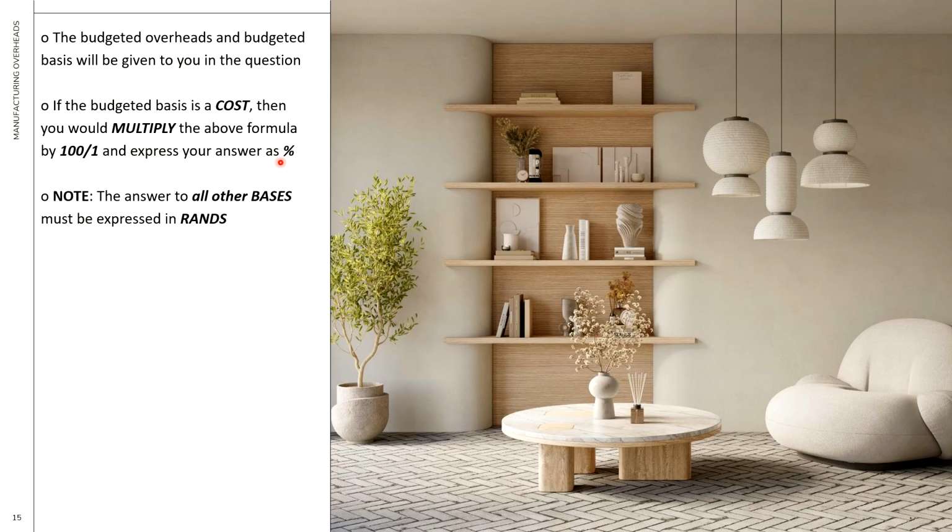Then note the answer to all other bases must be expressed in rands. As long as the basis is not a cost, then the answer must be in rands. But if the basis is a cost, then your answer must be expressed as a percentage. I hope that was clear. Okay, let's go to the next slide.